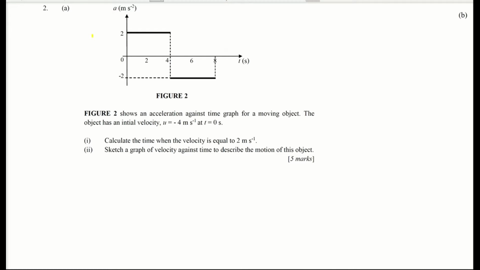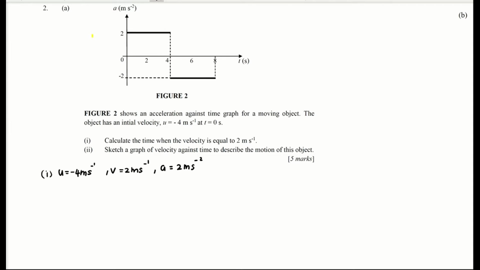So untuk jawab soalan yang pertama, calculate the time when the velocity is equal to 2 meter per second. So means that u is equal to -4 meter per second and then v is equal to 2 meter per second. So from the graph, we have information about acceleration.